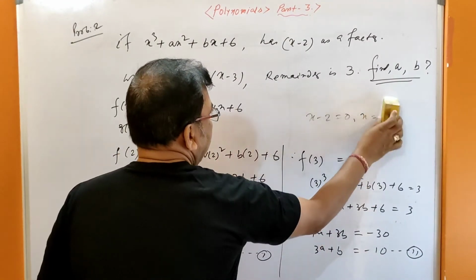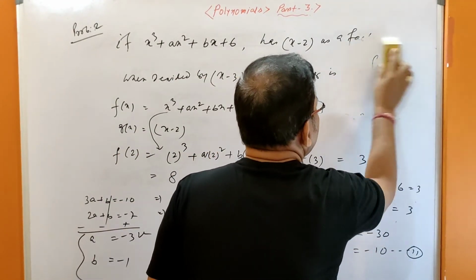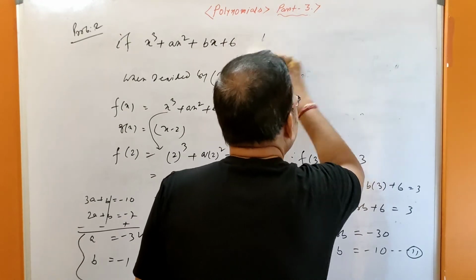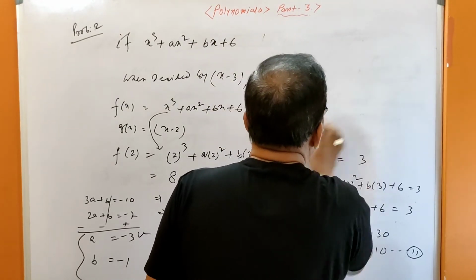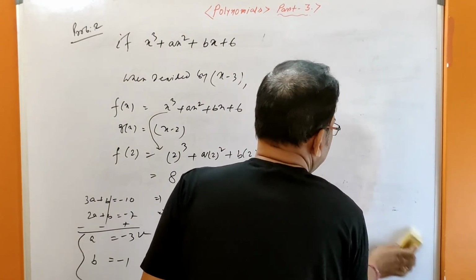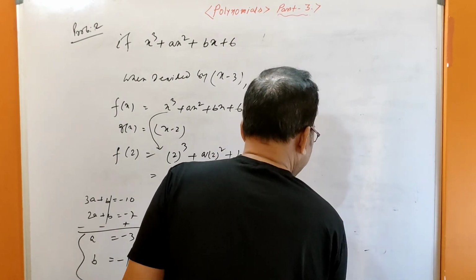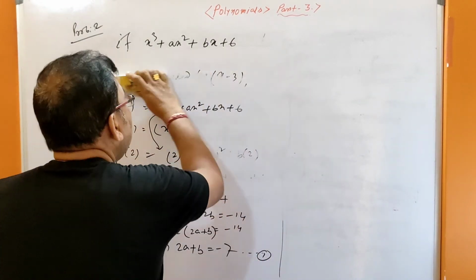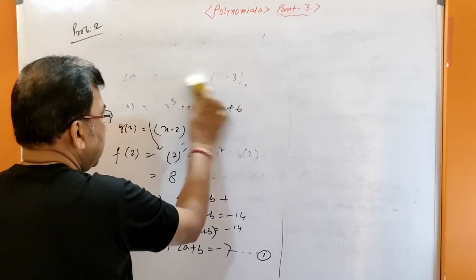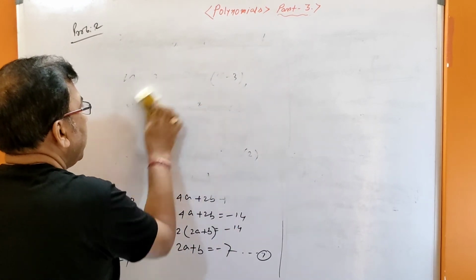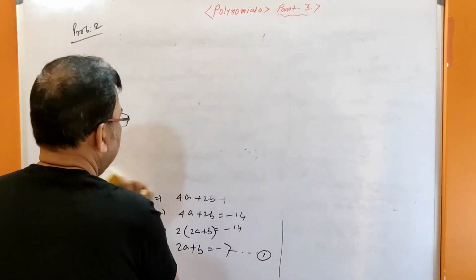You have to follow whatever you learned in class 8 also. All the identities you have to follow. If you learn these and apply the formulas, go through all these things. Okay. So next are some important algebraic formulas.